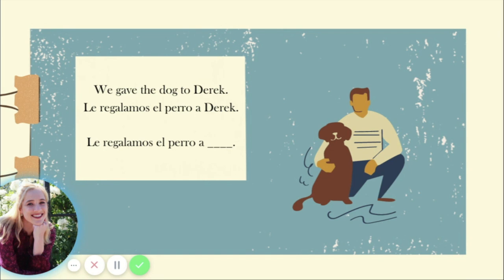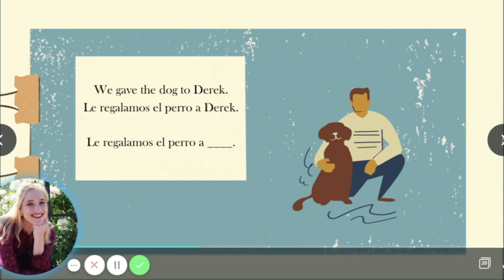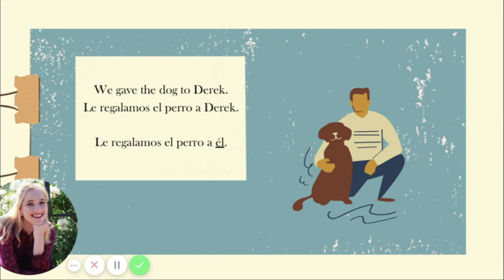We want to say to him in Español. A... él. So we could say we gave the dog to Derek. Le regalamos el perro a Derek. Or we could say we gave the dog to him. Le regalamos el perro a él.